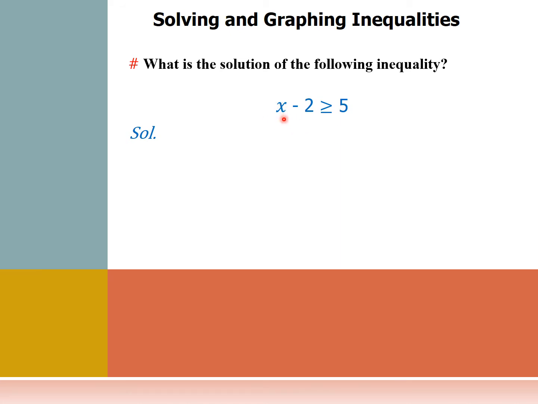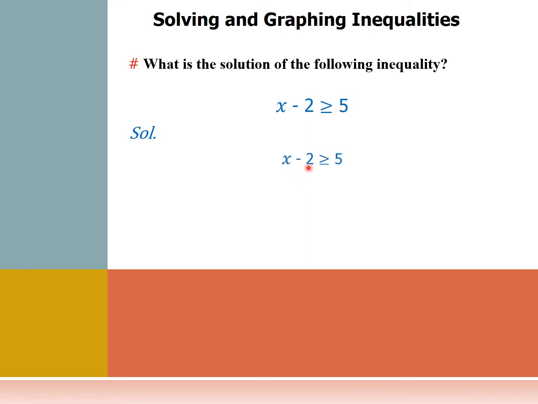If you remember, to solve an equation you have to put x by itself alone in one part, then take all the numbers to the other side. Here it is the same: put x by itself alone in this part, then take the numbers to the other side, and we will get x is greater than or less than.